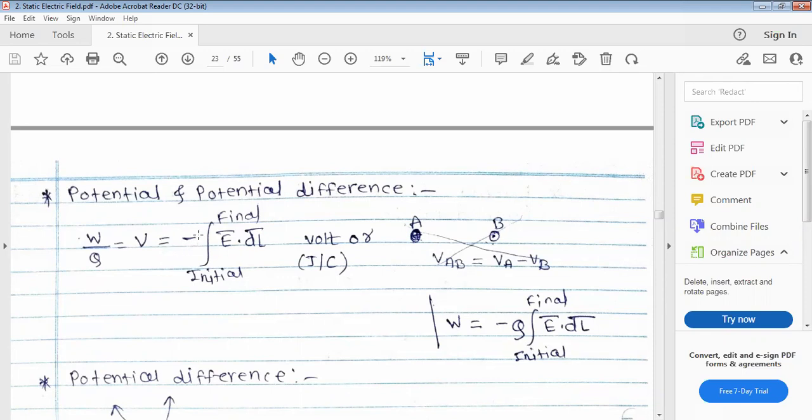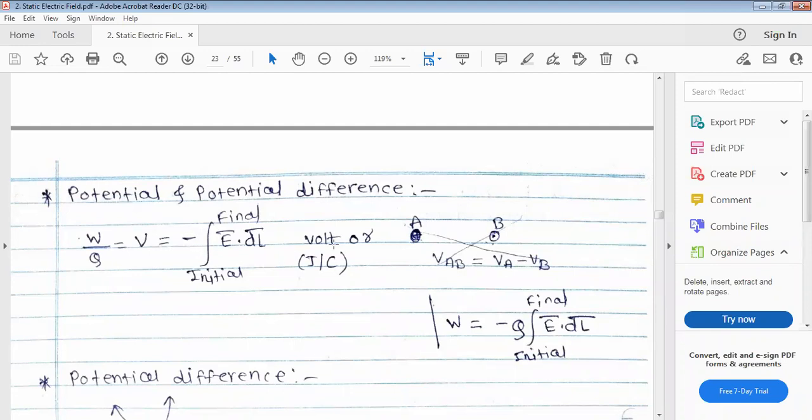W is equal to minus Q into the integration from initial position to final position of E bar dot dL bar. So V is equal to W upon Q. If I take this Q to the left side, I get V.